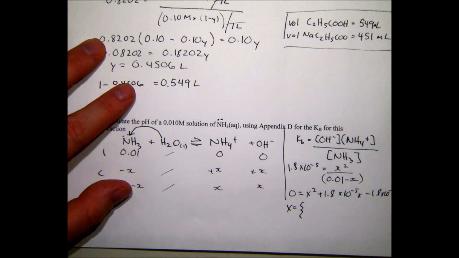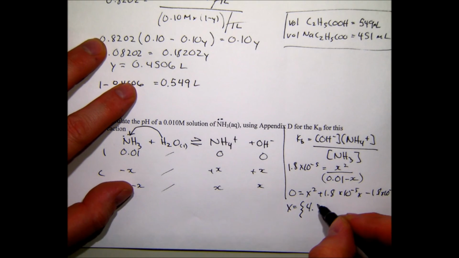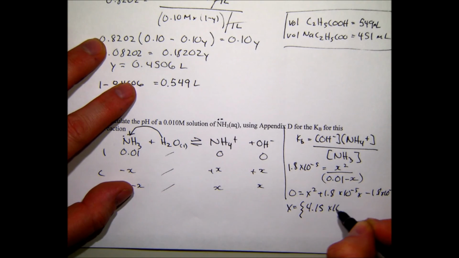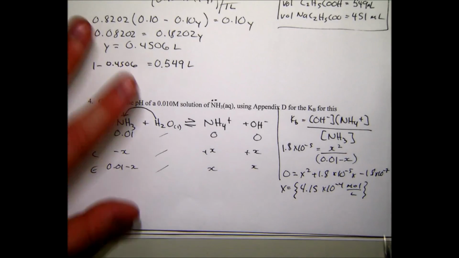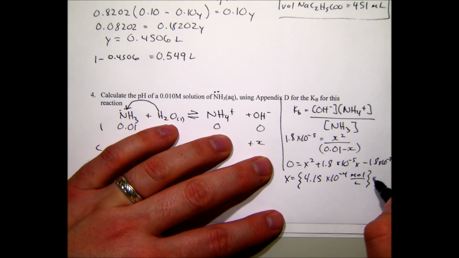We can solve for x, and we get 4.15 times 10 to the negative 4. That's moles per liter. I probably don't need the parentheses here. This is equal to the concentration of OH negative.